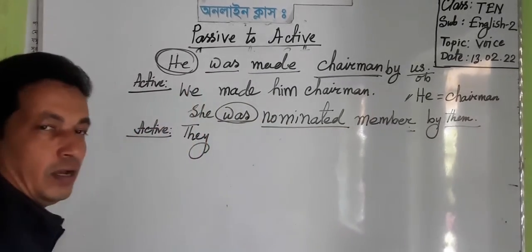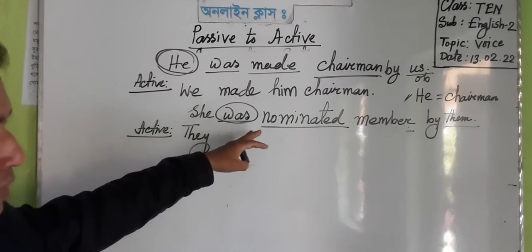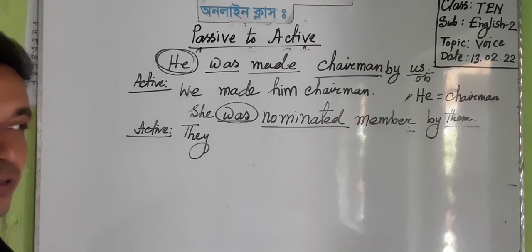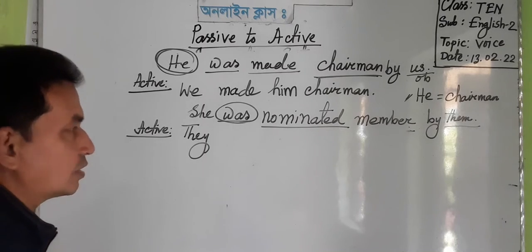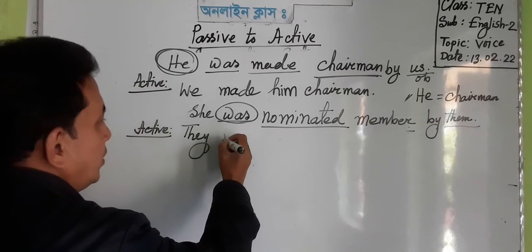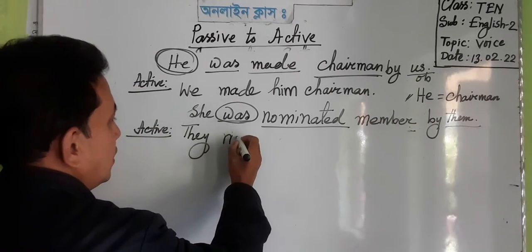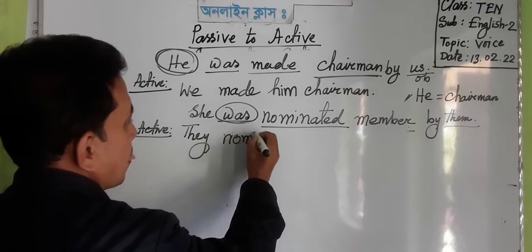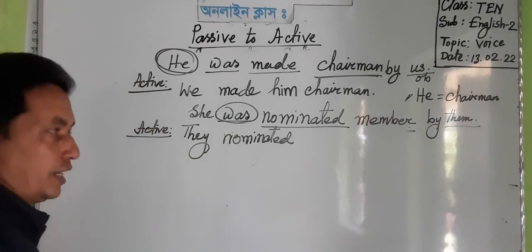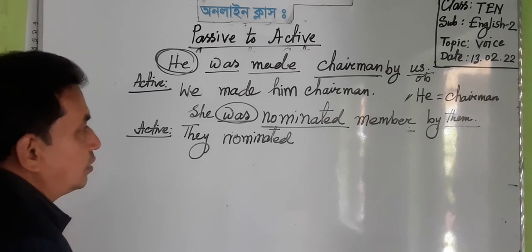It is the structure of passive voice of past indefinite tense. And in active voice, we should omit the auxiliary and take the main verb. Nominate is the main verb, and its past tense is nominated. They nominated.